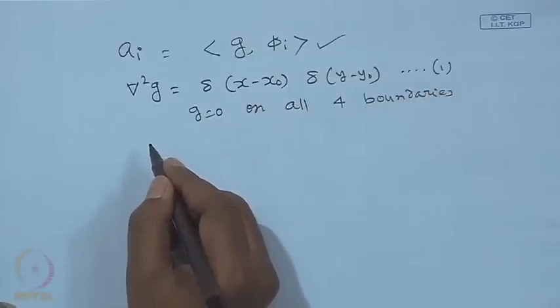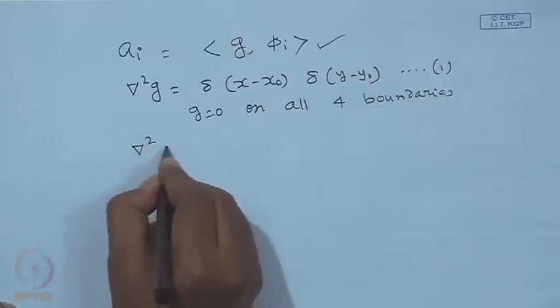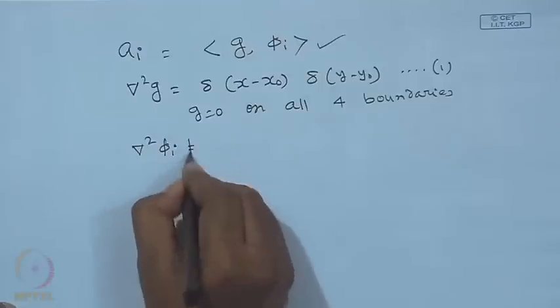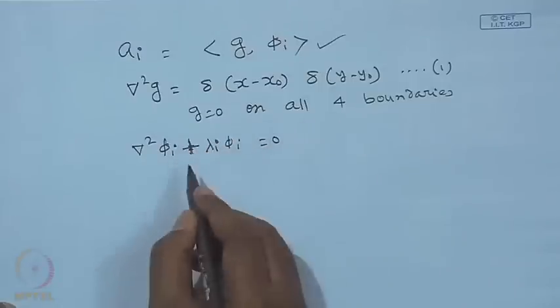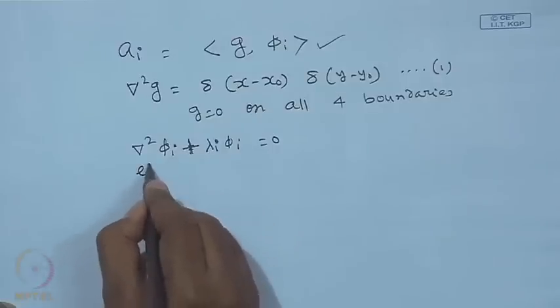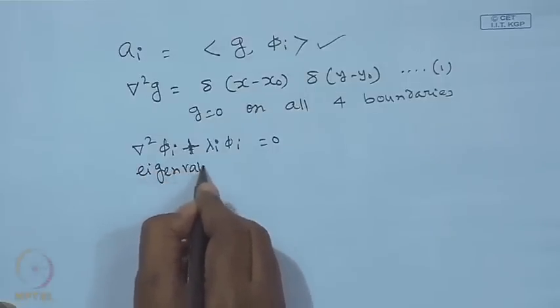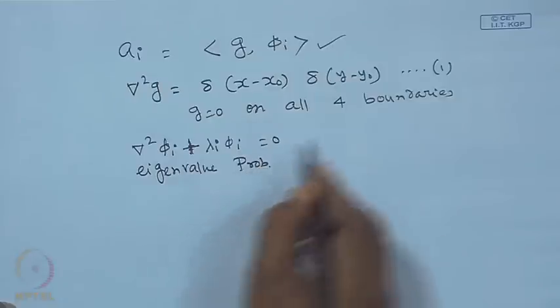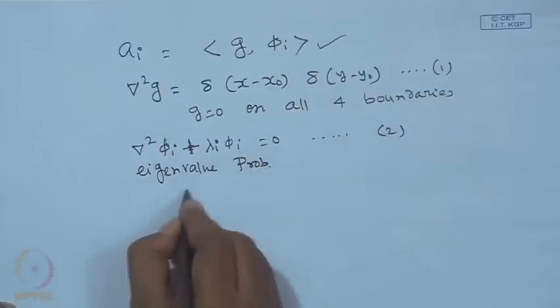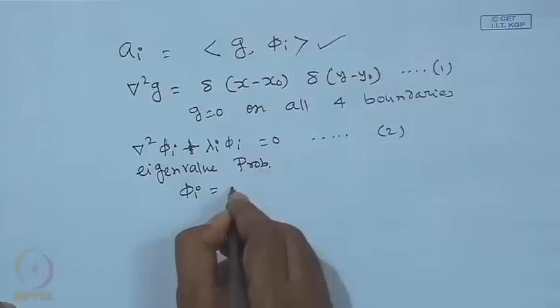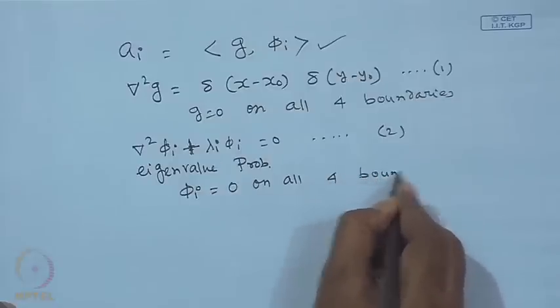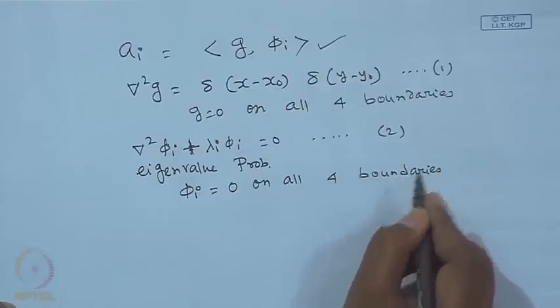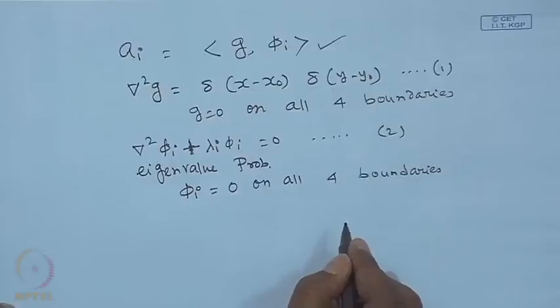And the next one is grad square phi I plus lambda I phi I equal to 0. So, this is the eigenvalue problem. This is equation 2, and the eigenfunction phi I is equal to 0 on all 4 boundaries. Therefore, both the problems, g and phi I, have homogeneous boundaries everywhere.